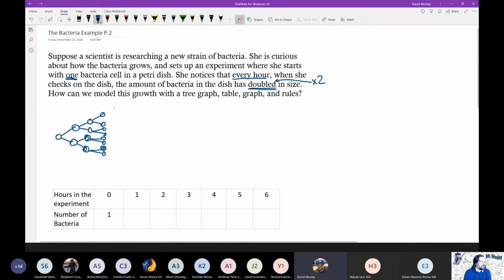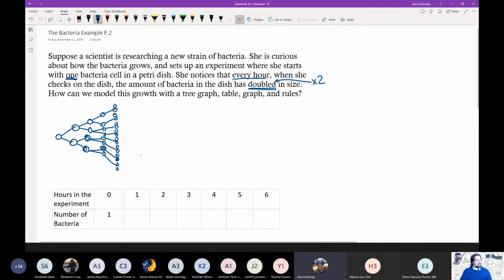All right, and we can keep going here. We get 2 more, 2 more. Saving time by not drawing each line. All right, we're gonna stop there.